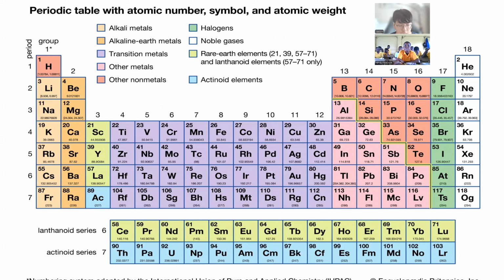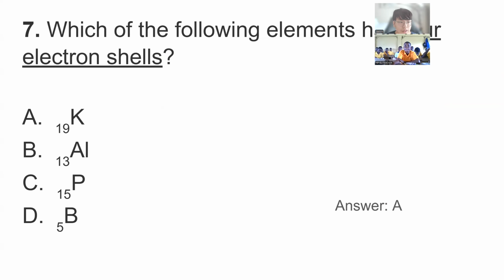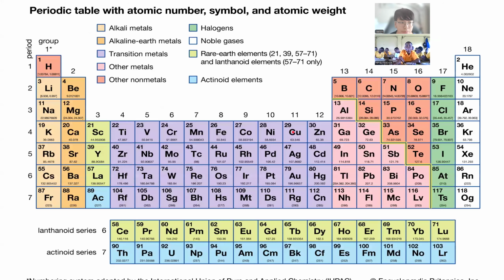Without this, it is a little difficult to know the answer because we have K, which is potassium. We have Al, which is aluminum. We have P, which is phosphorus. And we have B, which is boron. So let's locate each of these in the periodic table.